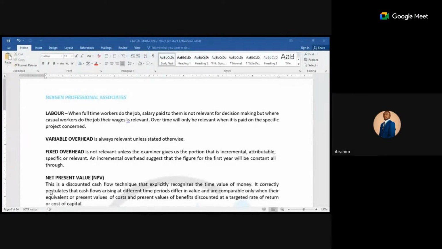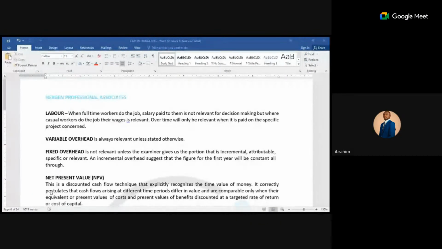But if it is casual labor that they will use in that project, the cost is relevant because it is for that project. However, overtime is also a relevant cost.